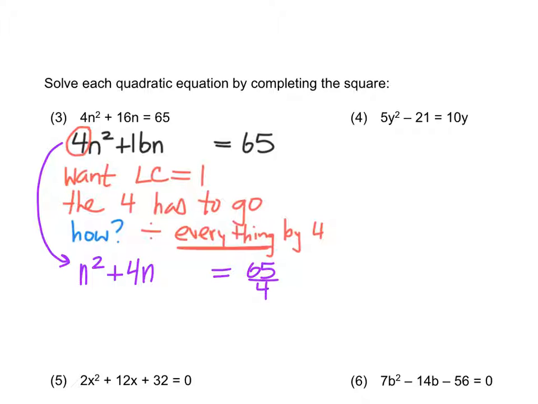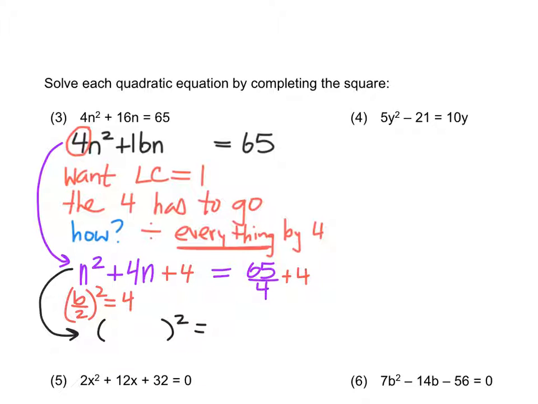All right, so at this point, we've made all our adjustments. Now we can do our b over 2 squared. In this case, it'll be equal to what? 4. So we're going to chuck a 4 into the gap. We'll factor the left-hand side.